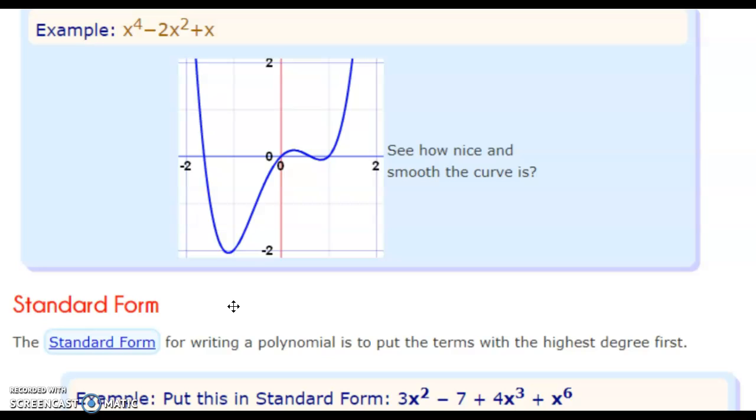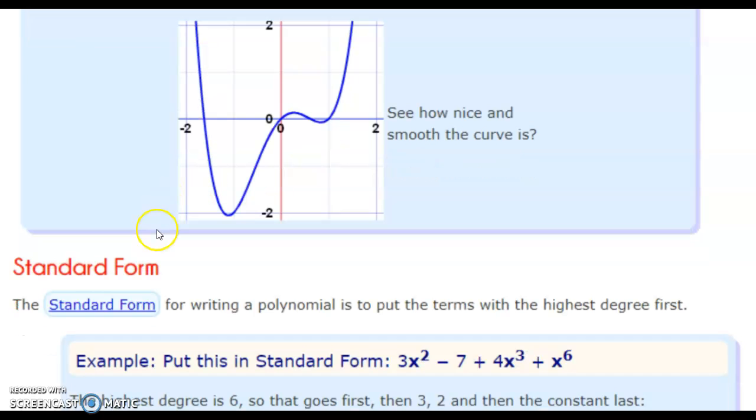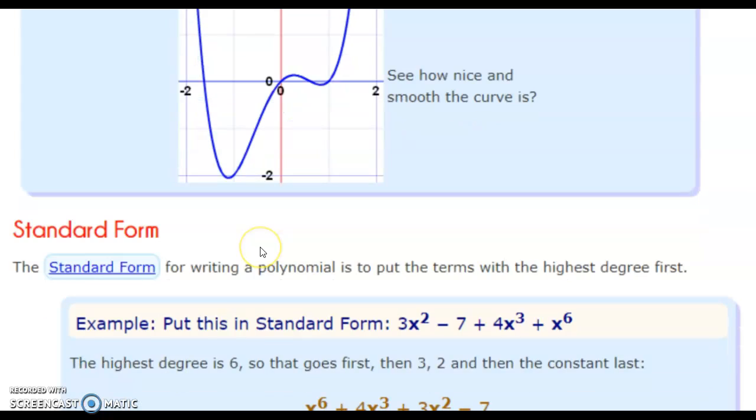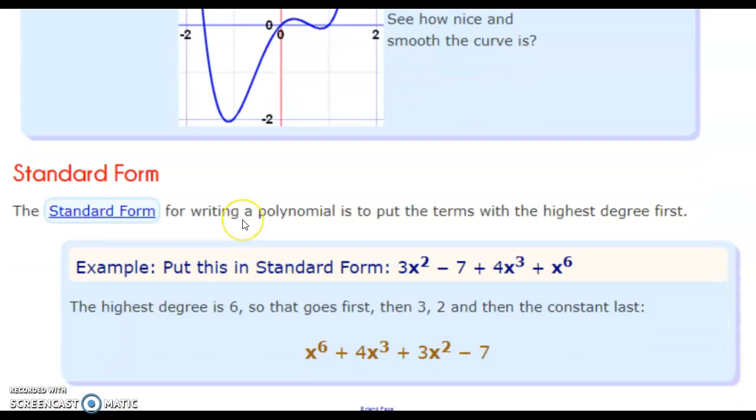They don't have different parts. They're all going to be able to be written or drawn with one pencil stroke. They make nice curves. The exception to that would be a first degree polynomial or a constant polynomial, which is just a line, but it's still smooth and continuous. It's just not a curve.